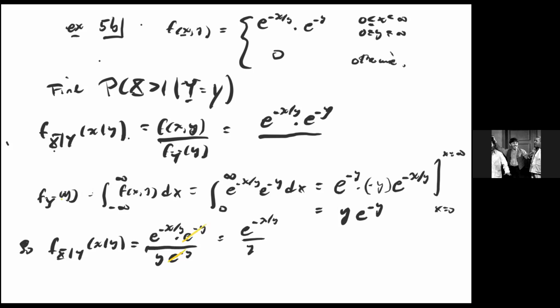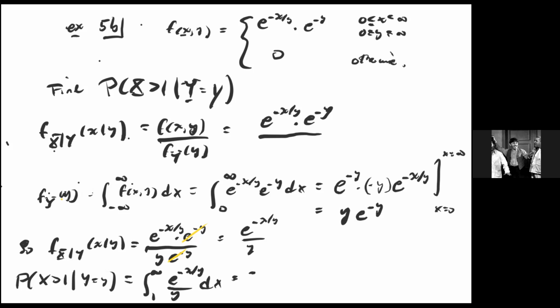We want to solve the original problem. So we have to calculate the probability that x is bigger than 1, conditioned on y equals y. So what is that? Well, that's an integral from 1 to infinity of what we just calculated. The antiderivative of this is quite easy.